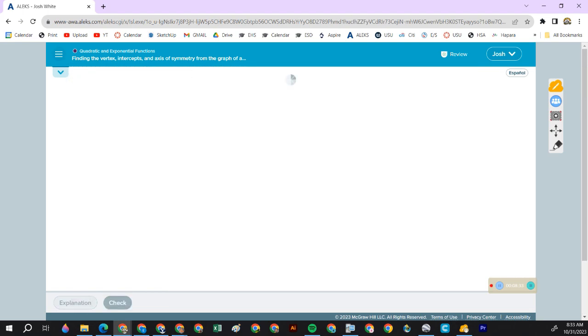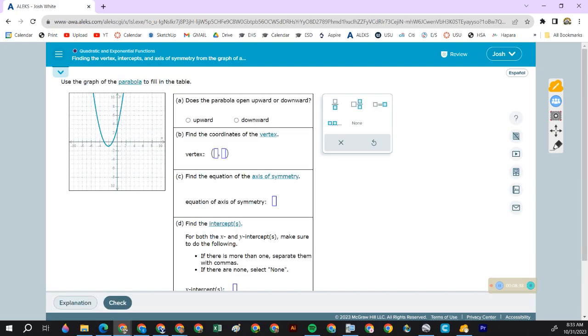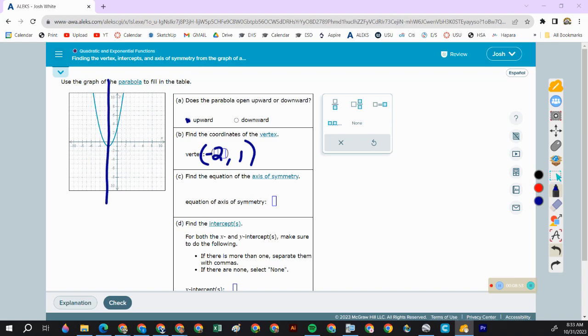All right, let's do another one. So this one opens upward. The vertex is (-2, 1). The equation of the axis of symmetry is this line here, x equals -3.